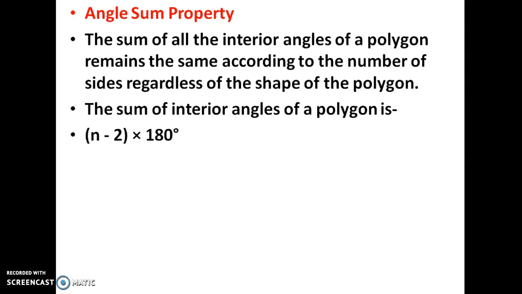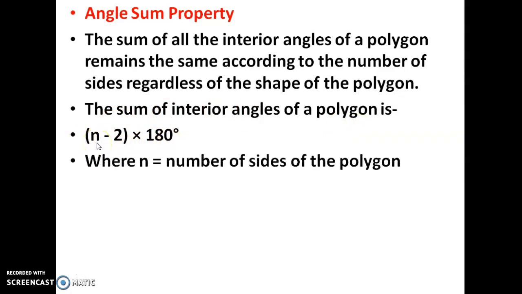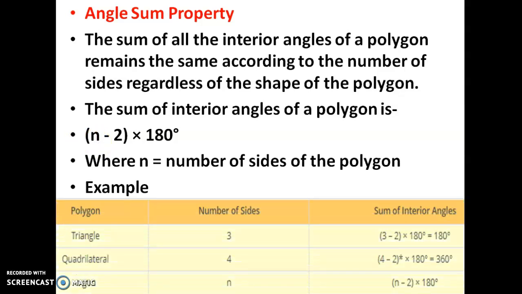Let's see that. The sum of the interior angles of a polygon is (n minus 2) into 180 degrees, where n is the number of sides of the polygon. Example, we will see. Suppose you take a triangle. A triangle has 3 sides.